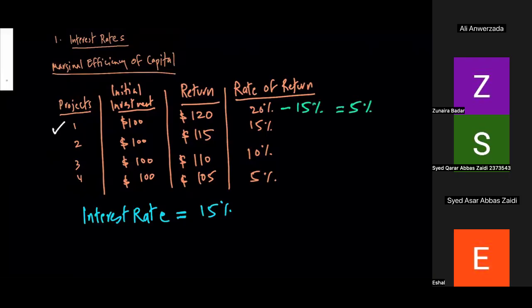So will I invest in the first project? The answer is yes, because 20%, which is the rate of return, is greater than the cost of borrowing, which is 15%.